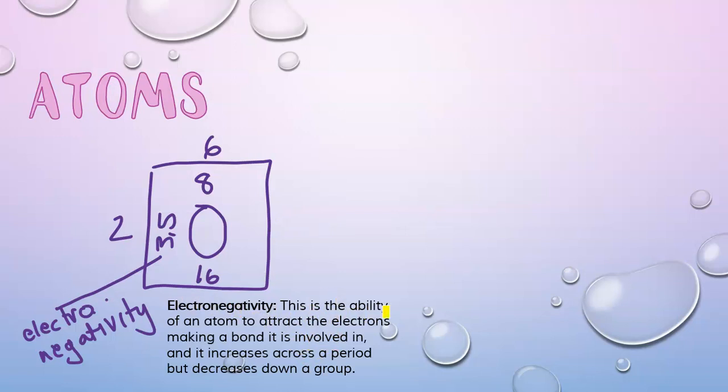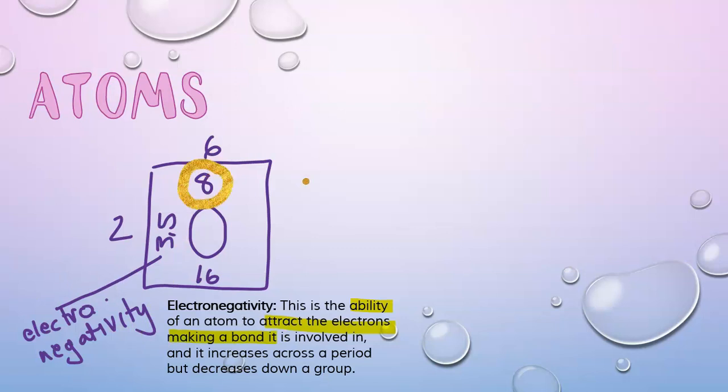Electronegativity is the ability of an atom to attract the electrons in a bond it is involved in, and it increases across a period but decreases down a group. So for now, you can just make a mental note that it is the ability of an atom to attract the electrons in a bond. And when we get to chemical bonding, we will look at this value again. But for now, we are done with the 3.5.